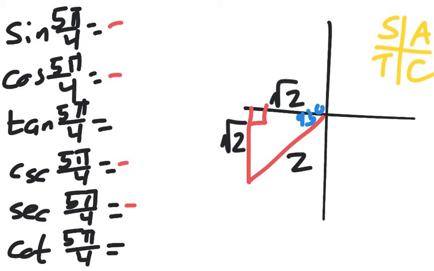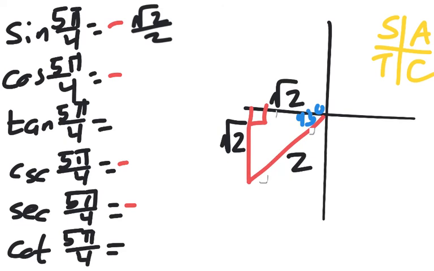Now we do our ratios. So for sine of 5 pi over 4, I'm here at the central angle. Sine is the opposite over the hypotenuse. So that's going to give me radical 2 over 2. Cosine of 5 pi over 4 is going to be the adjacent over the hypotenuse.